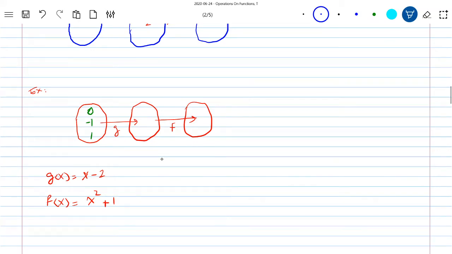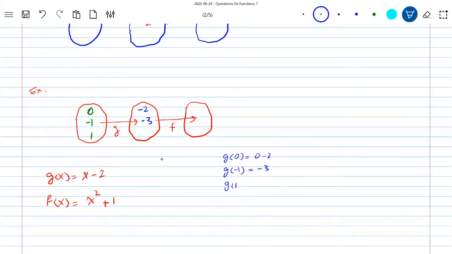Let's say they give you 0 as an input for the g function and ask you what is g of 0. You would get 0 minus 2, so what you get is negative 2. So 0 goes to negative 2. I'm going to write them in order. How about negative 1? Where does negative 1 end up? G of negative 1 would be negative 3, right? Negative 1 minus 2. Negative 3.